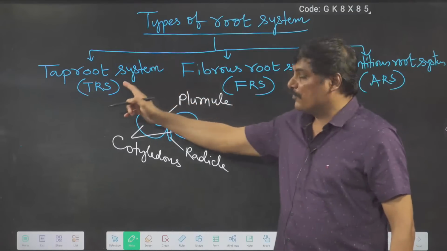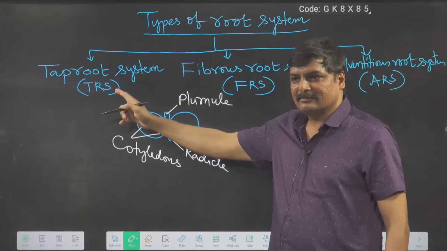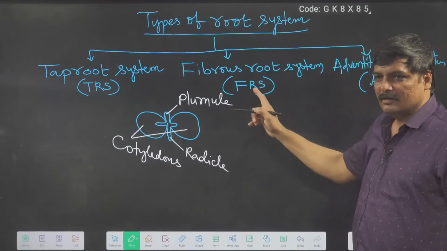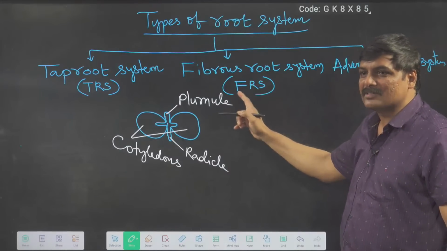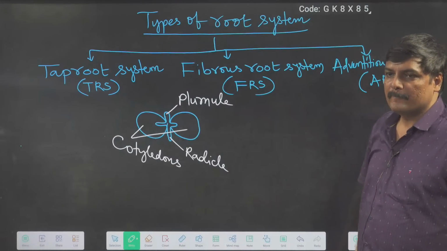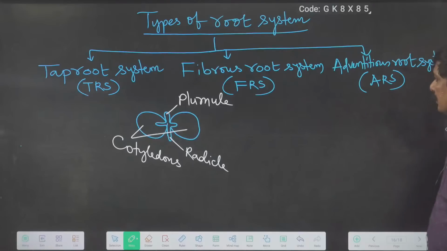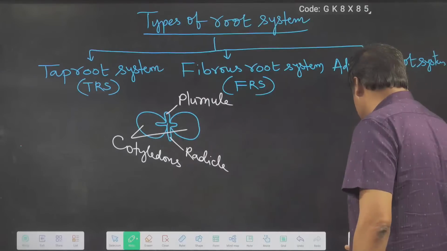Tap root is formed from radicle. Fibrous is not formed from radicle. It is formed from the base of the stem in the form of a cluster. Understood? Right. And the third one is adventitious root system. Let us see what is adventitious root system.